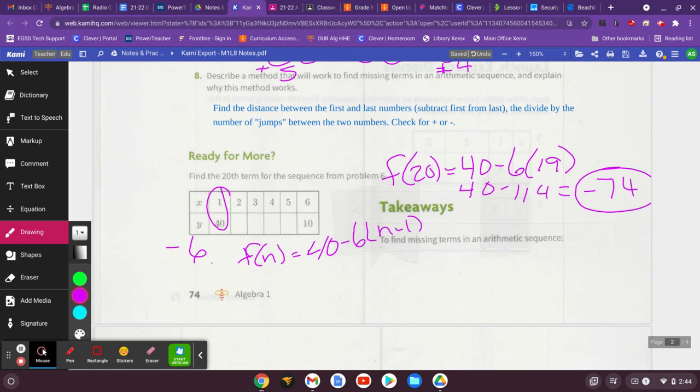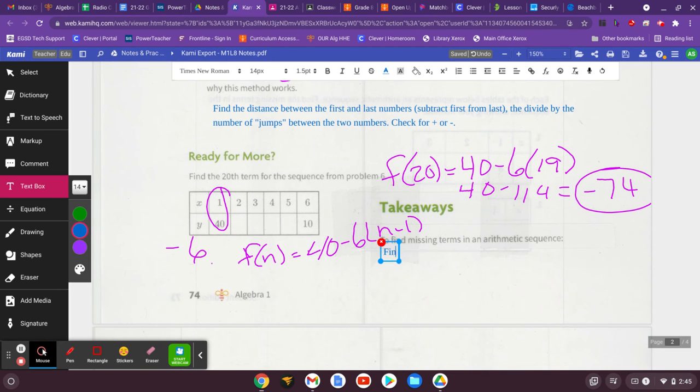All right, as far as our takeaways go, we're looking for a common difference. So I'm going to put in a text box on this one. Find common difference, and how that looks.